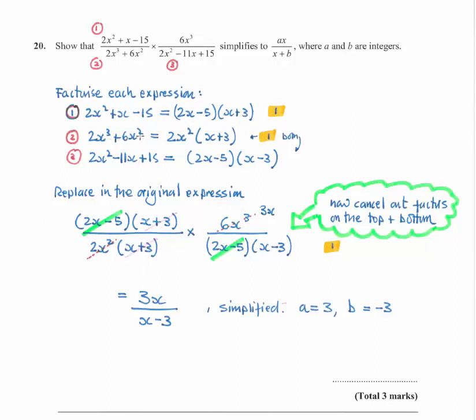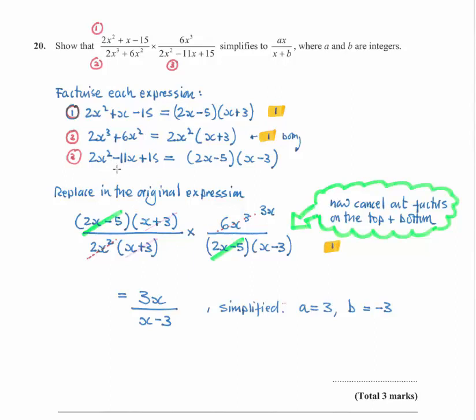And 2x cubed plus 6x squared, there's a factor of 2 they both share, and a factor of x squared they both share, so that can come outside. 2x squared times x makes 2x cubed, and 2x squared times 3 makes 6x squared. So that factorizes to that. So 1 mark for factorizing this, and 1 mark for factorizing this and this.